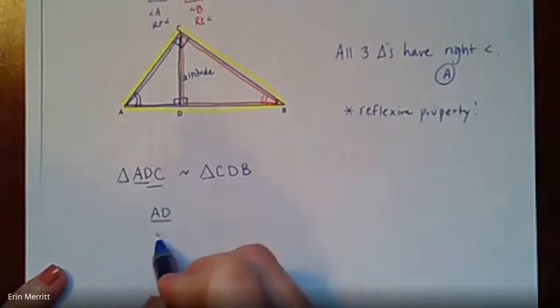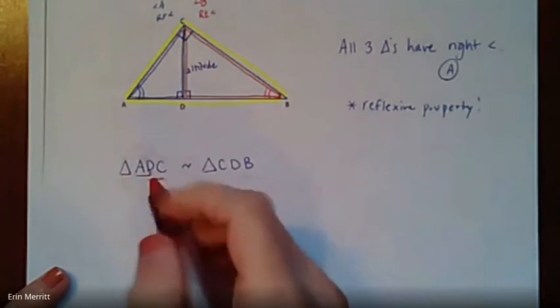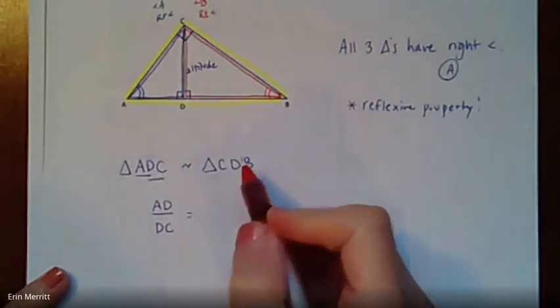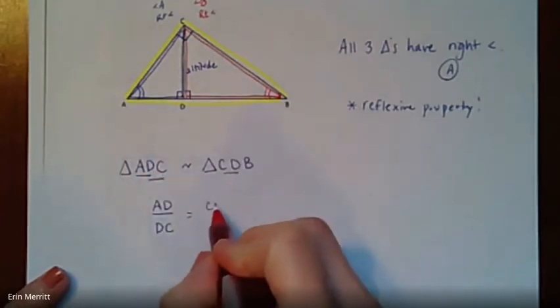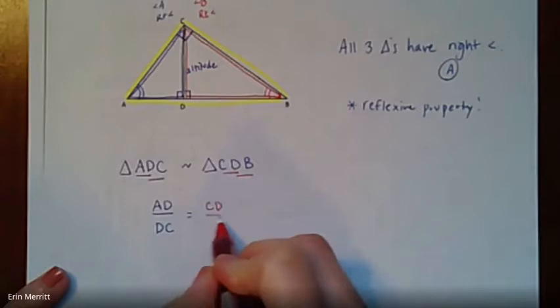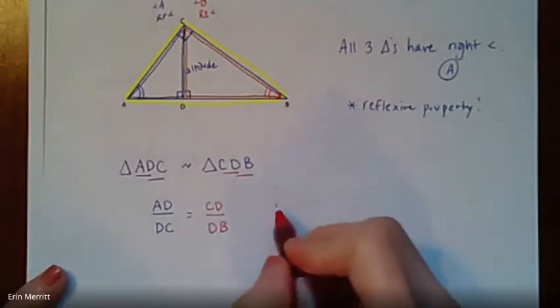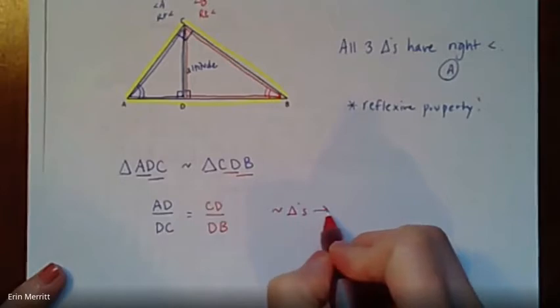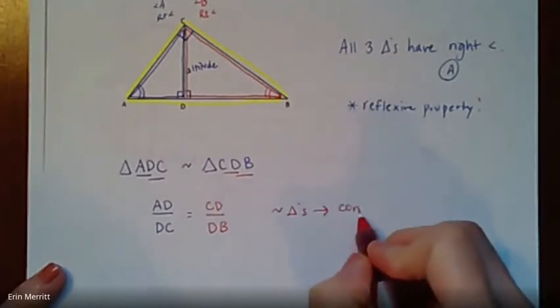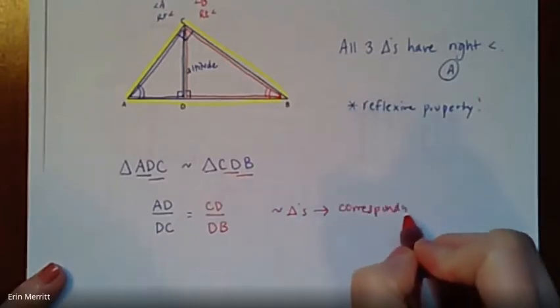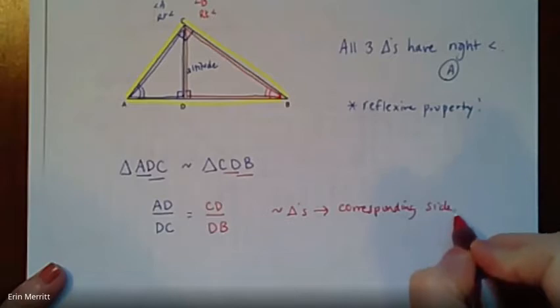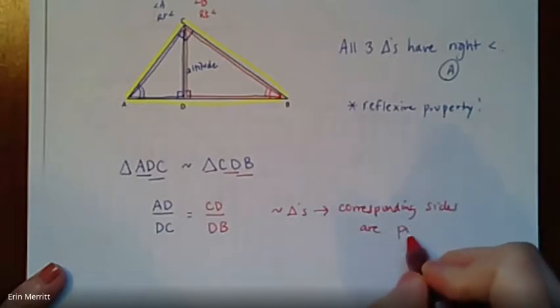So look at the order where those are: first 2 letters, last 2 letters. Same thing over here as CD is to DB. That has to be true because similar triangles implies that corresponding sides are proportional.